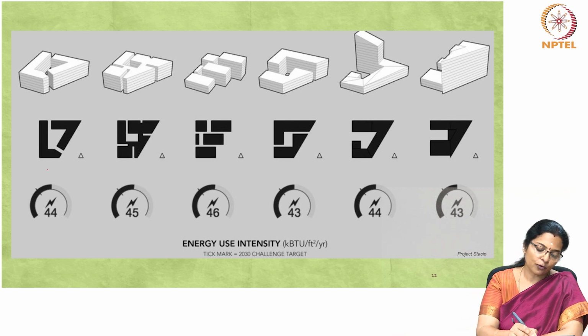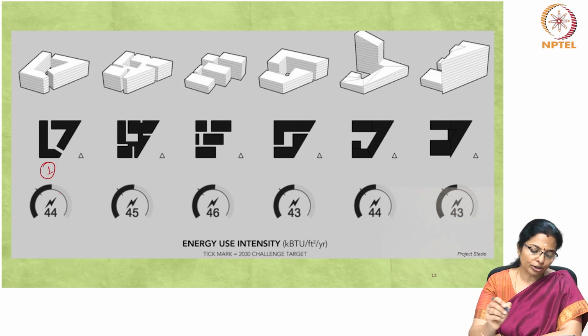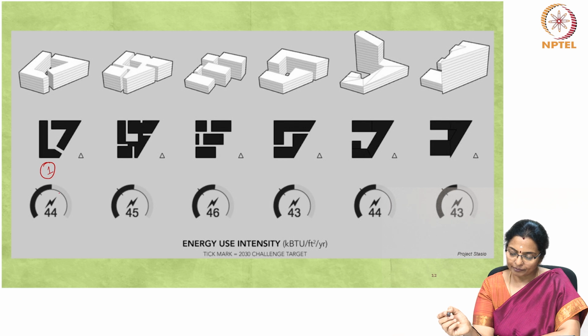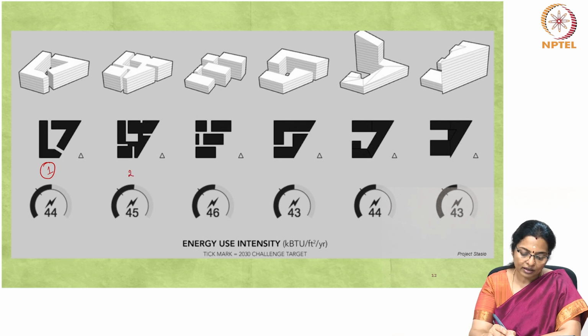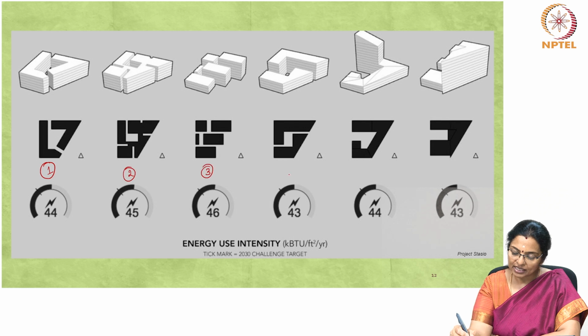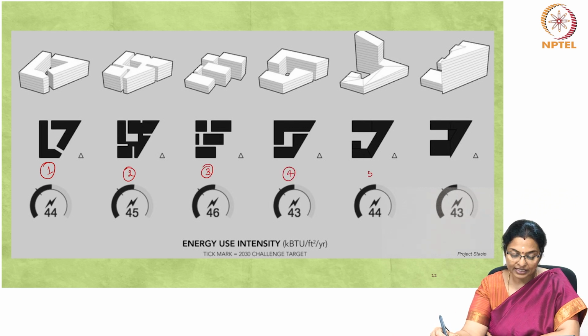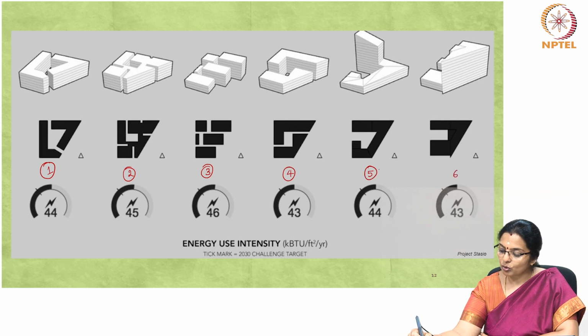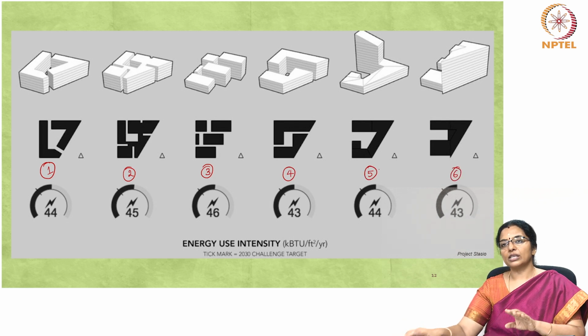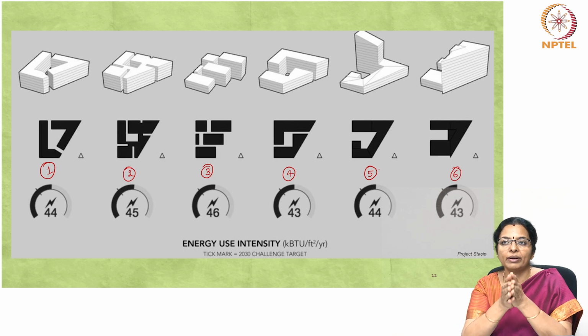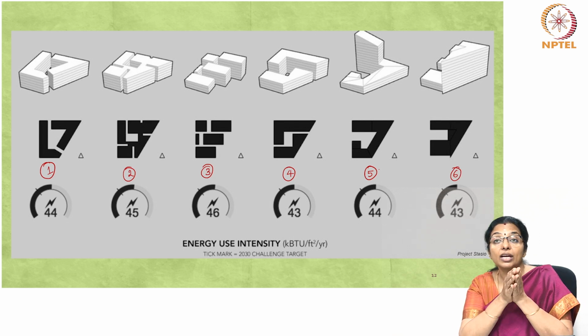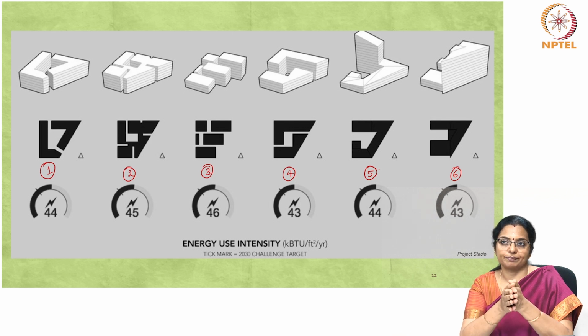The first form uses 44% energy, the second one 45, third is 46, fourth gets reduced to 43, fifth is again 44 and sixth is 43. So, by using appropriate building form and orientation, we can reduce electrical energy consumption.